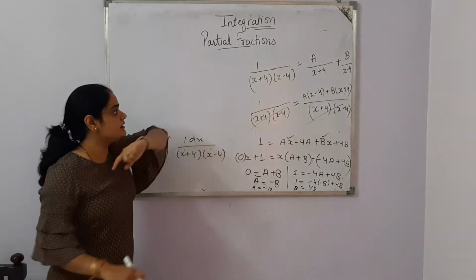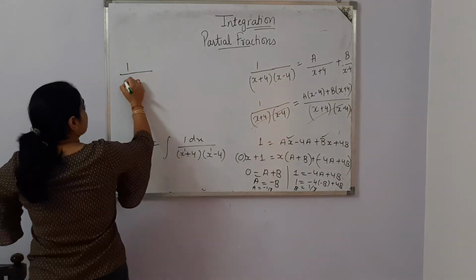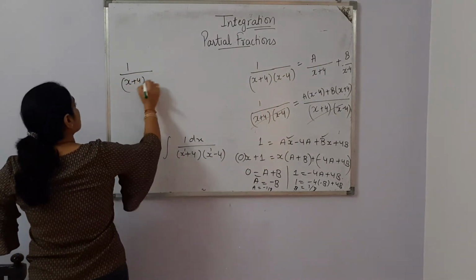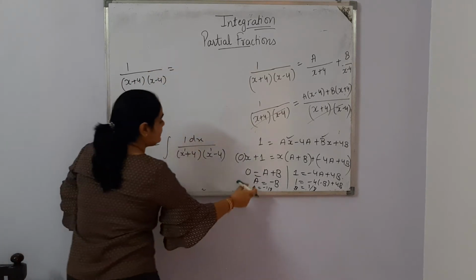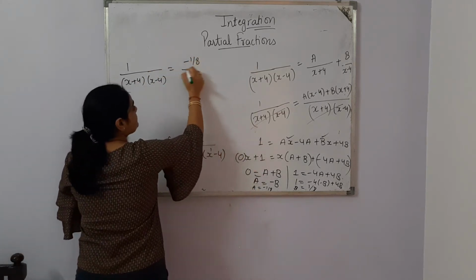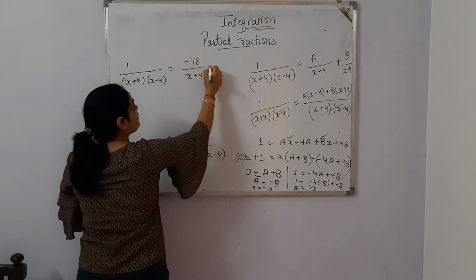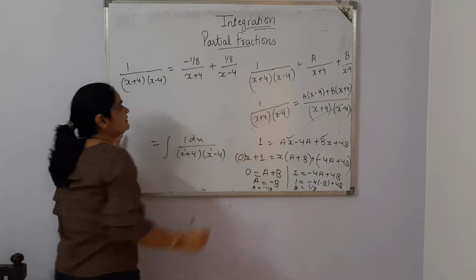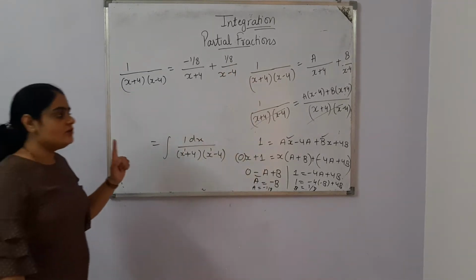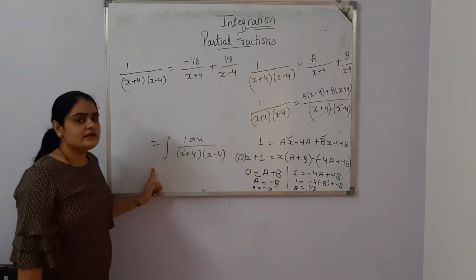We'll substitute here 1 upon x plus 4 into x minus 4 equals to, what is a? A is minus 1 by 8 whole upon x plus 4, and what is b? It is 1 by 8 upon x minus 4. And now we need to find its integral.